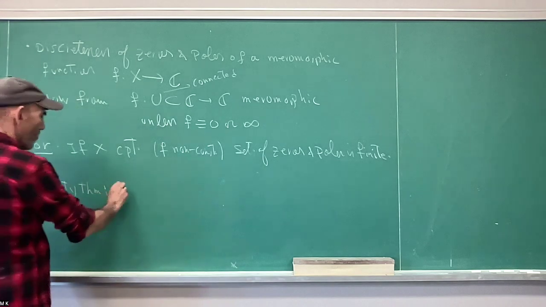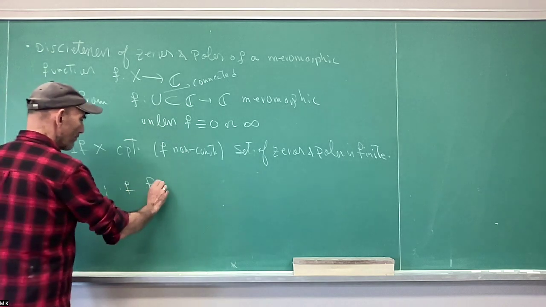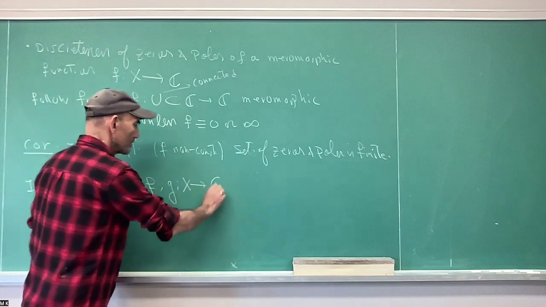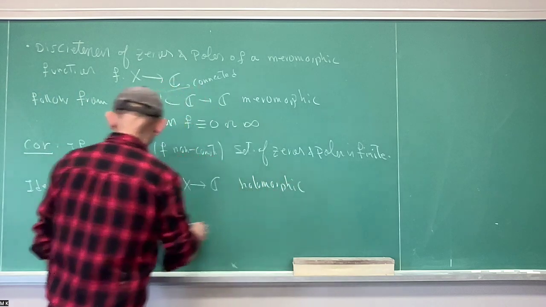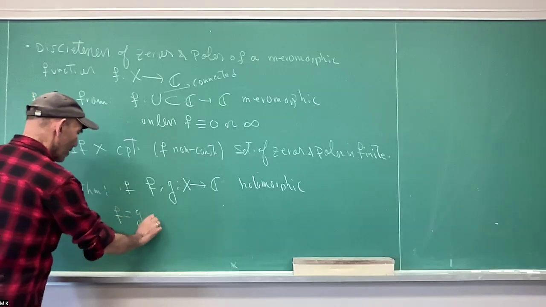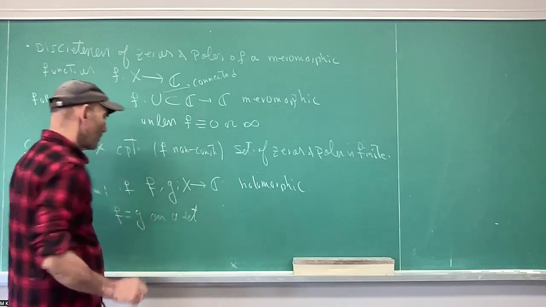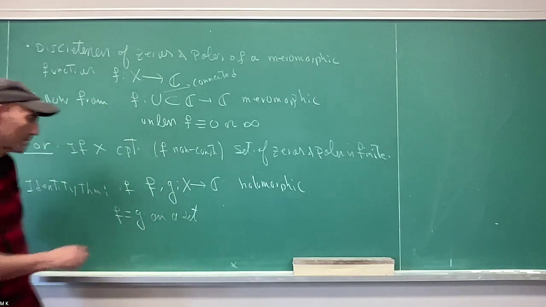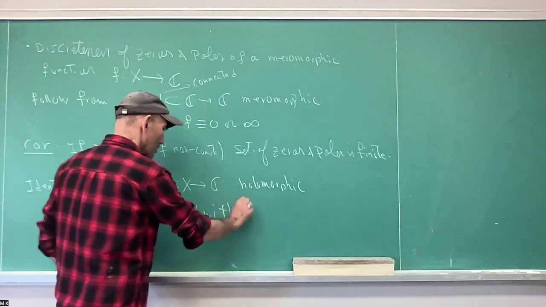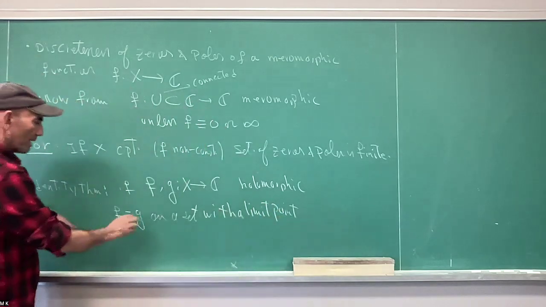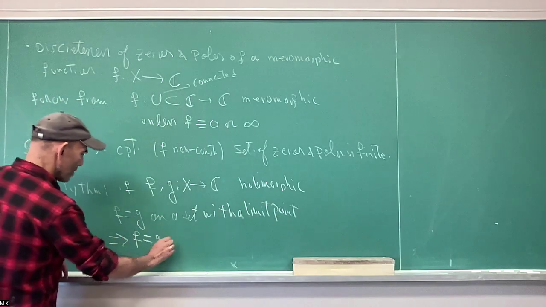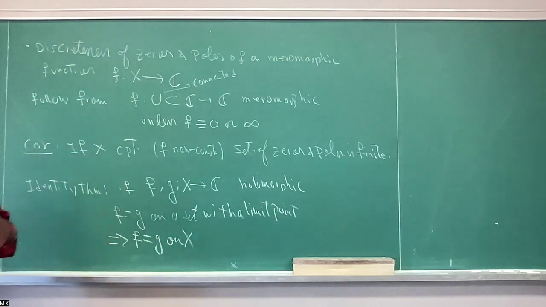If you have two functions f and g from X to C, with f holomorphic, and f is equal to g on a set which has a limit point, then this implies that f is equal to g on X. So if two holomorphic functions coincide on a set of points that has a limit point, then that's it.